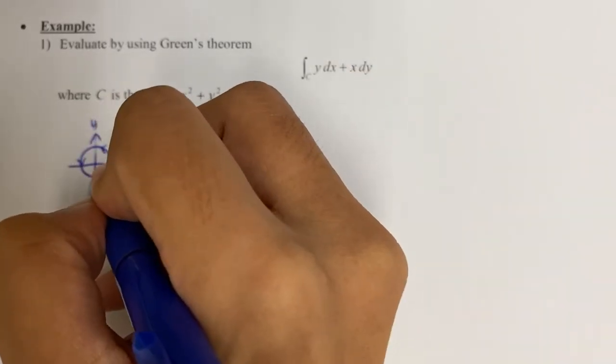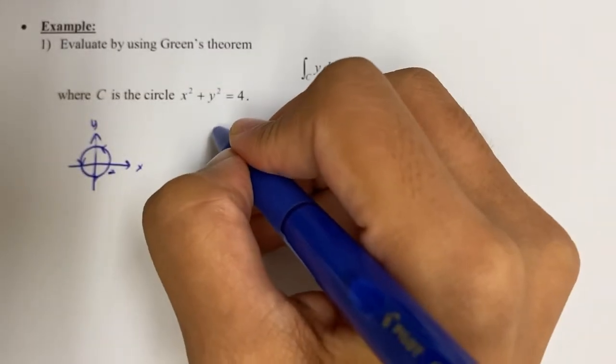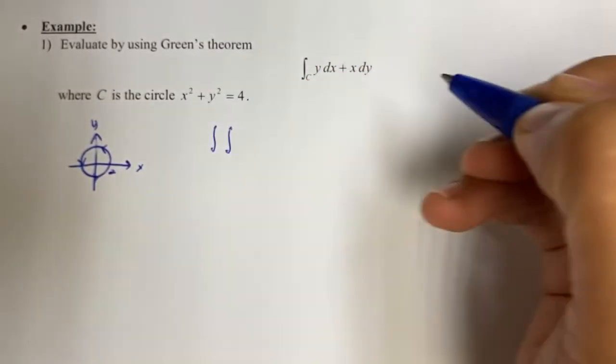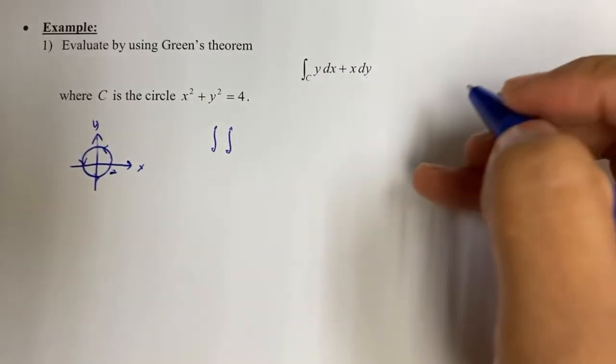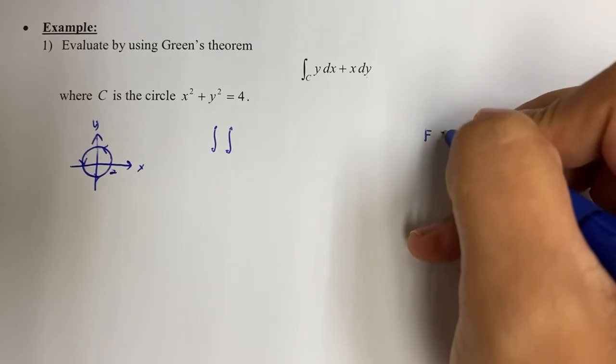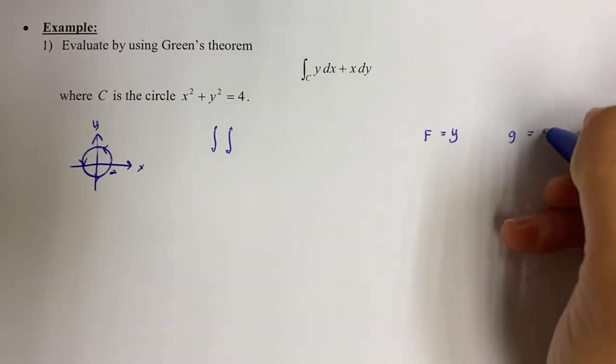For Green's theorem, it moves counterclockwise. So for the integration, you have a double integral. Okay, and then y dx. y is our f, f is equal to y, and g is equal to x.